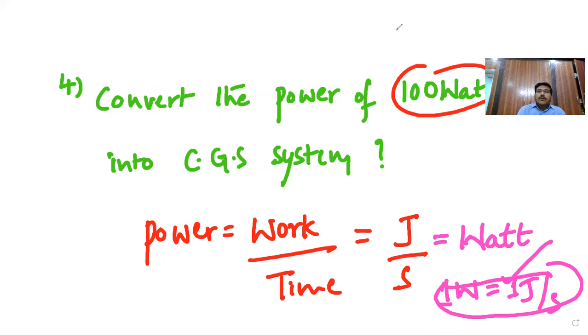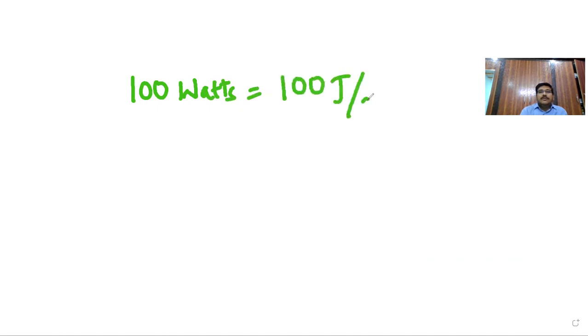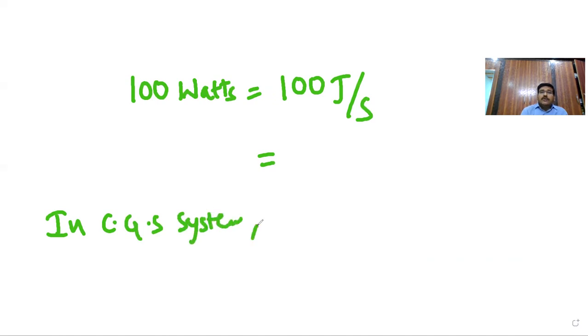Okay. Now, he told that we have to convert the 100 watts in the CGS system. So 100 watts means 100 joules per second. And you know, in the CGS system, the work unit is erg.